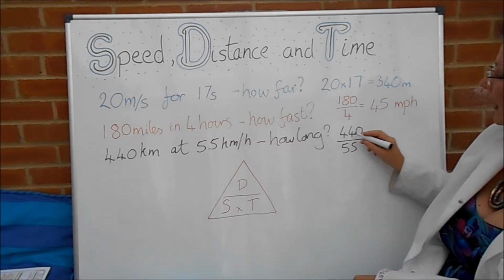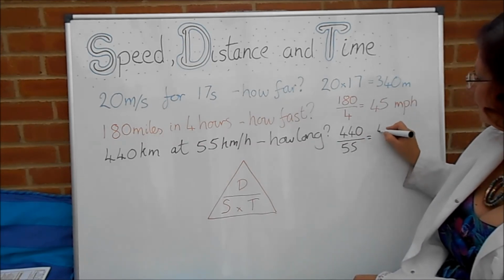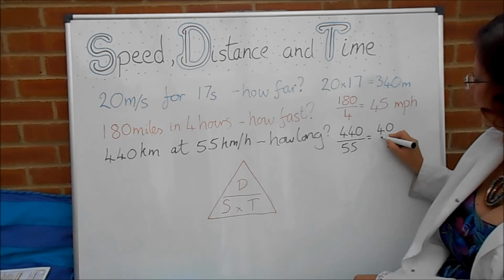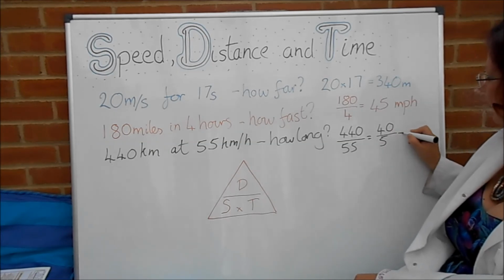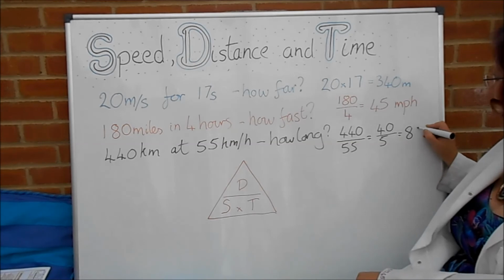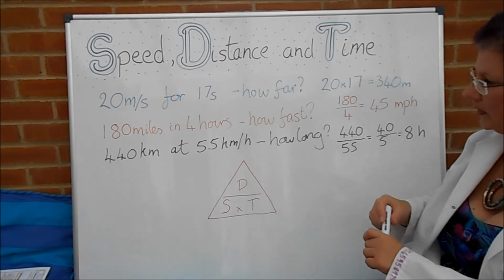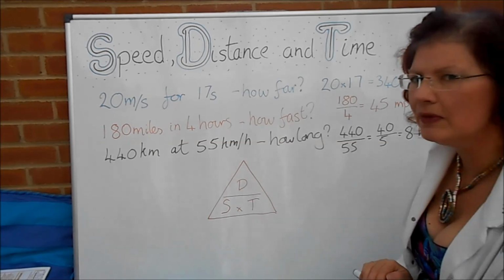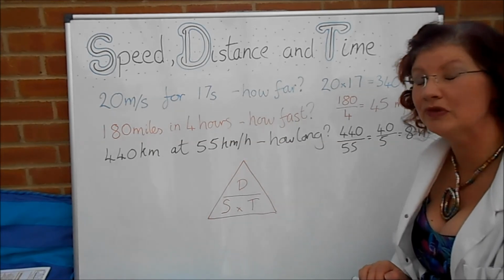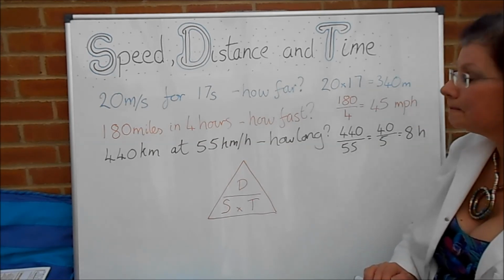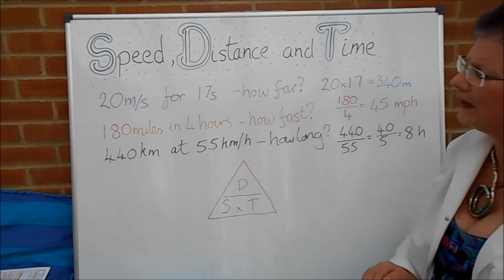Hope you noticed that. How many 11s in 44? It's 4 with a naught on there. 40 divided by 5, which is 8. Not 8 kilometres, 8 hours, sorry. It's a time. So 8 hours. So that's 8 hours of cycling at 55 kilometres per hour. You need a lot of stamina for that. A little bit Tour de France, I think this one is.